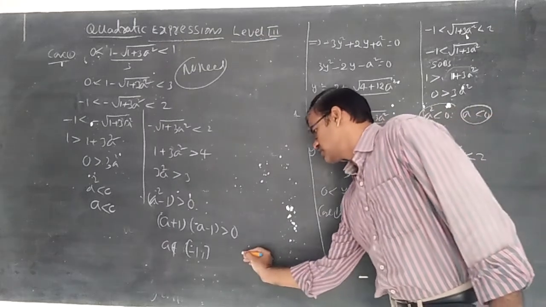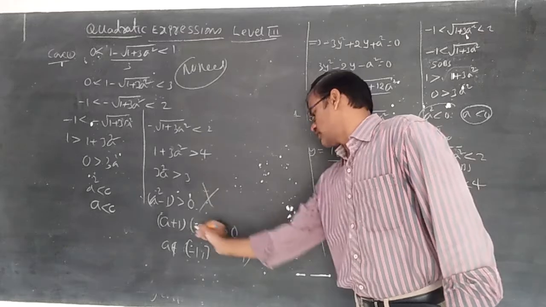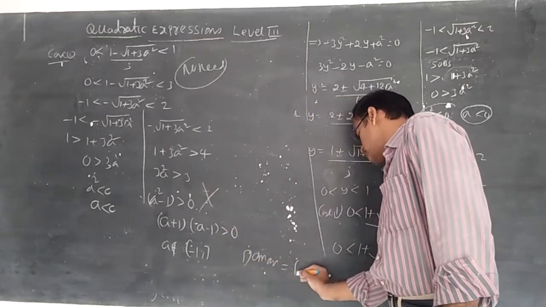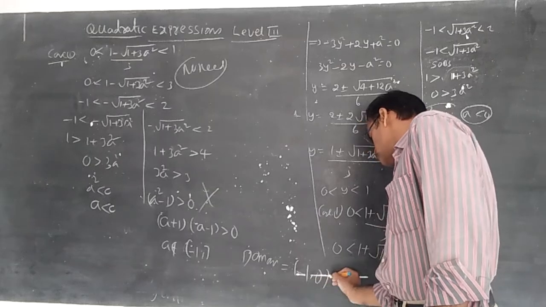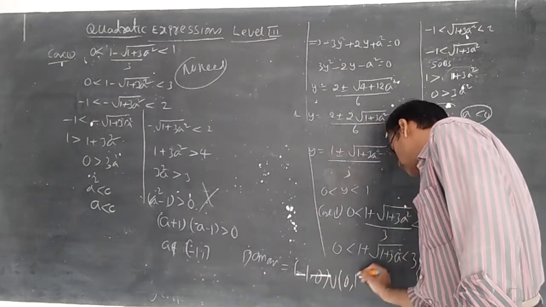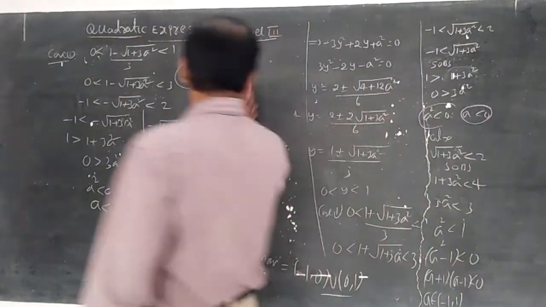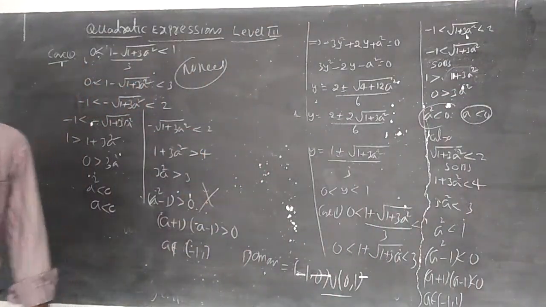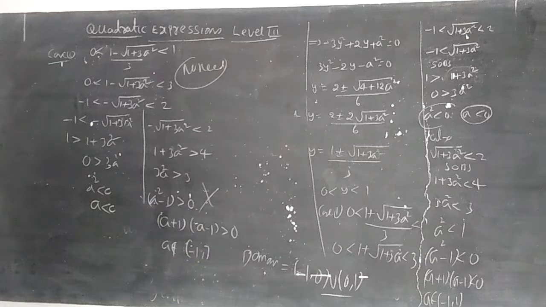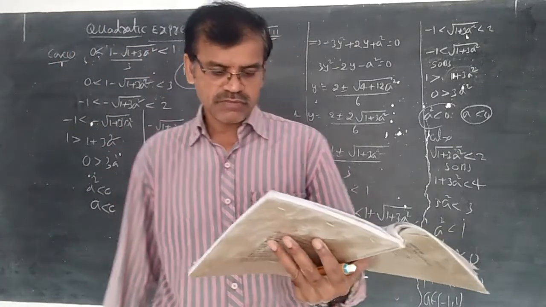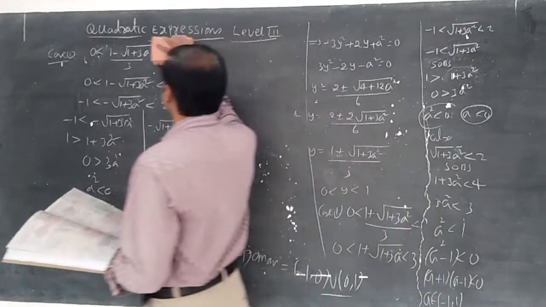So the domain I am writing as this one, no need to calculate the domain. Even though you calculate, the common domain becomes minus 1 comma 0 union 0 comma 1. It is correct. Now for question number 41, correct the option. It is the first option. Now let us discuss the 42nd question.